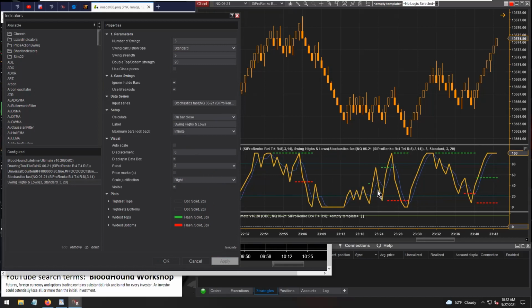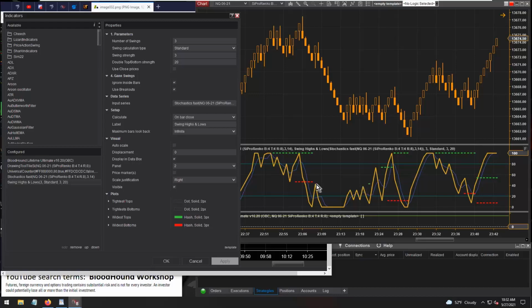Something else I'm looking at here is that green hash line, which is a swing high. And it's not that swing high. They're actually offset from each other. The green line is higher than the actual high point.